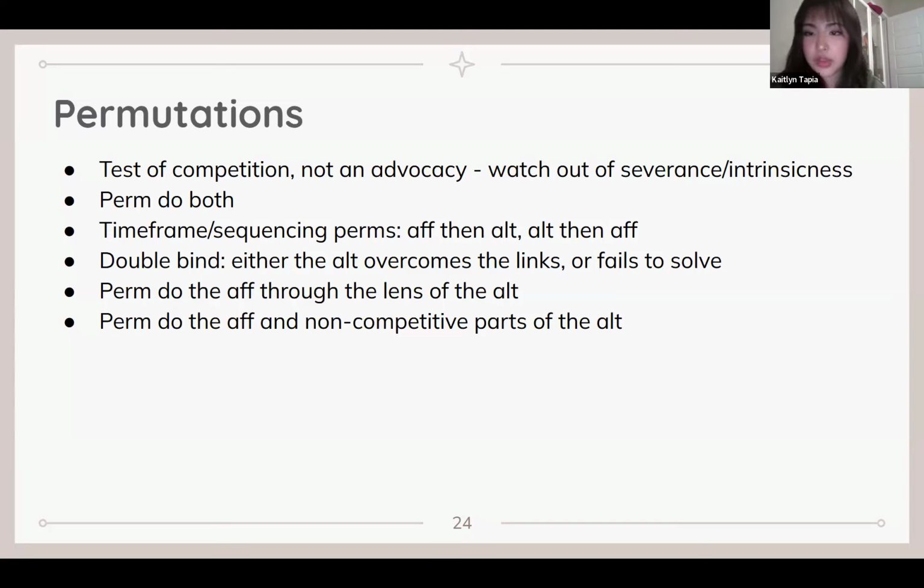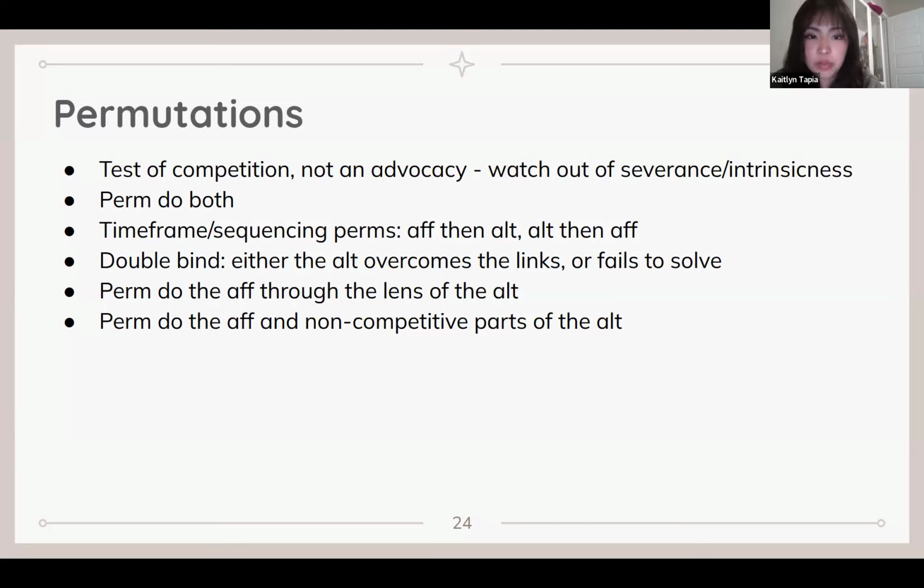Severance is when the affirmative kind of severs out of a portion of the plan text, and in this case, they would be severing out of the immediacy of the plan. And that could be bad. It could be a voter for like shiftiness, because that would justify the plan shifting and changing throughout the debate, which makes it a moving target and hard to engage with. That's just a theory argument. If you don't 100% understand what I'm talking about, that's totally fine. That's just an argument that the neg could make against the time frame perm.